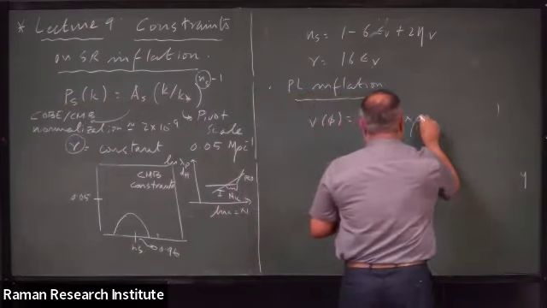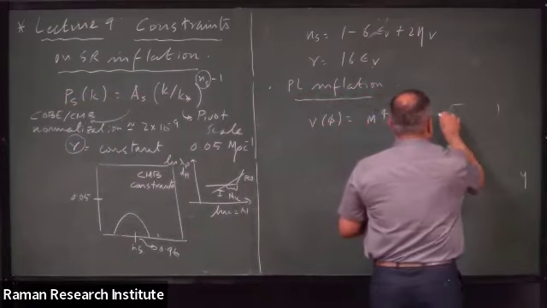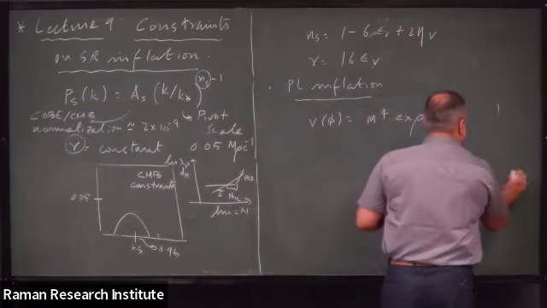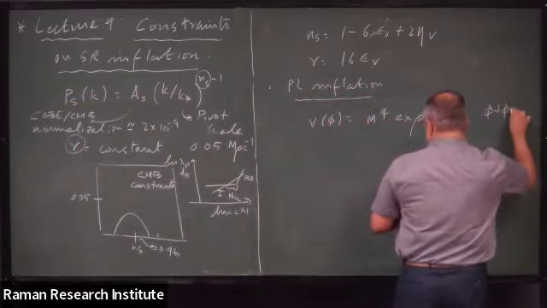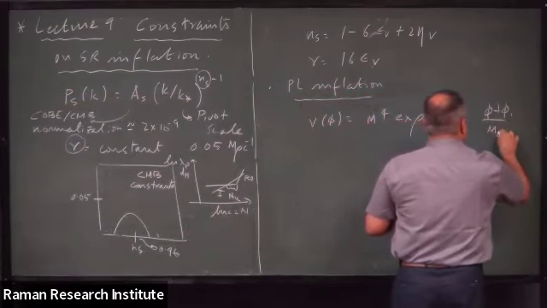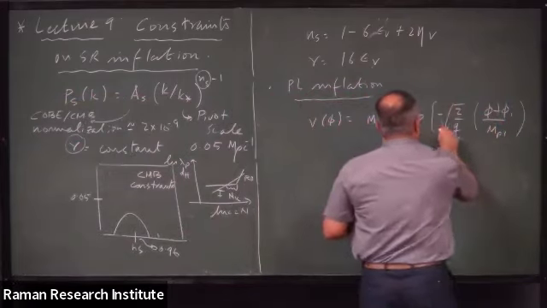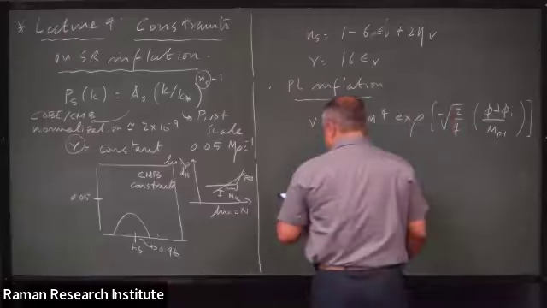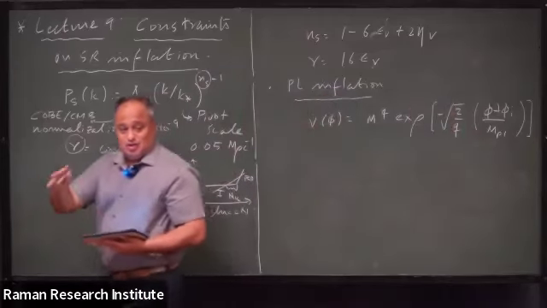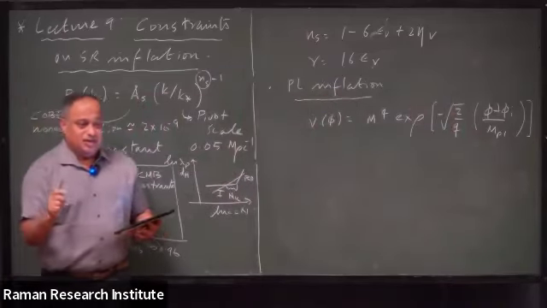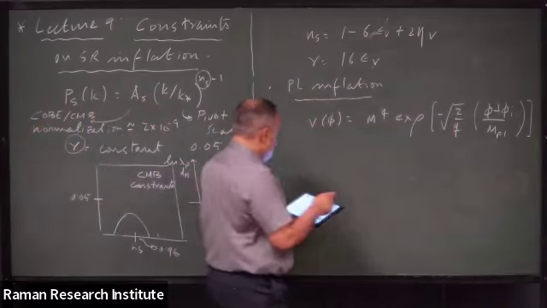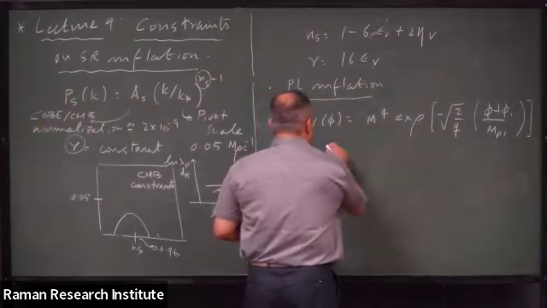Well, I didn't derive all the terms, but I had indicated that it was exponential, some exponential of phi by M_Pl. But if you recall, the first slow roll parameter was a constant, and therefore the second and higher order slow roll parameters were all 0. And it's not surprising, it is exponential.